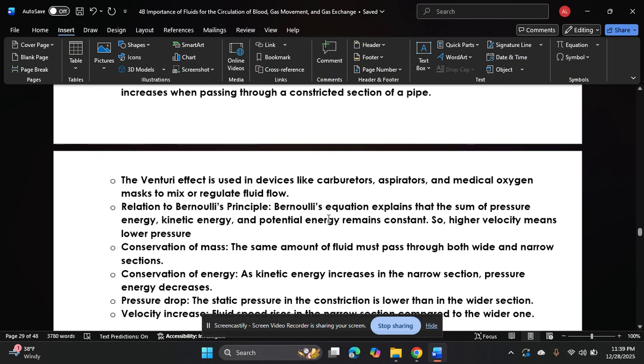It is used in devices like carburetors, respirators, and medical oxygen masks to mix or regulate fluid flow. Relation to Bernoulli's principle: the sum of pressure, kinetic, and potential energy remains constant, so higher velocity means lower pressure. Conservation of mass: the same amount of fluid must pass through both the wide and narrow sections.